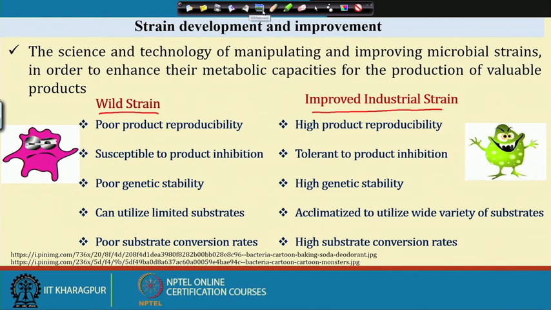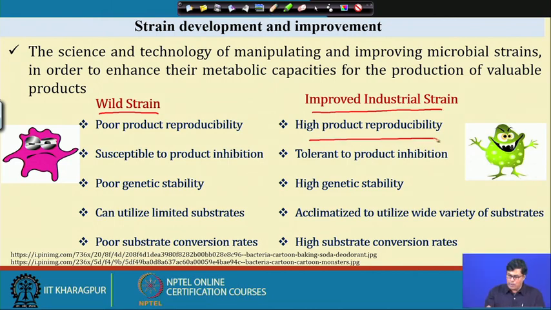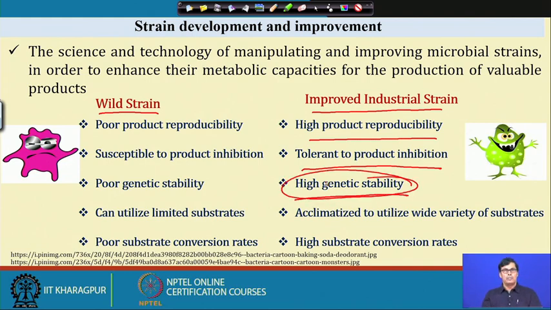For example, it has higher productivity, tolerance of product inhibition, and high genetic stability. This is a very important factor, because if you use a wild strain for industrial purposes, one particular batch will give you good results, another batch will not. So this is not acceptable to the industry.